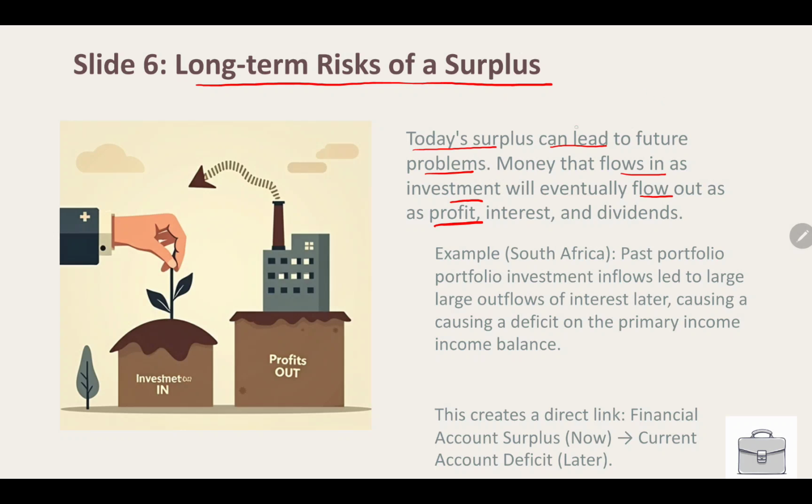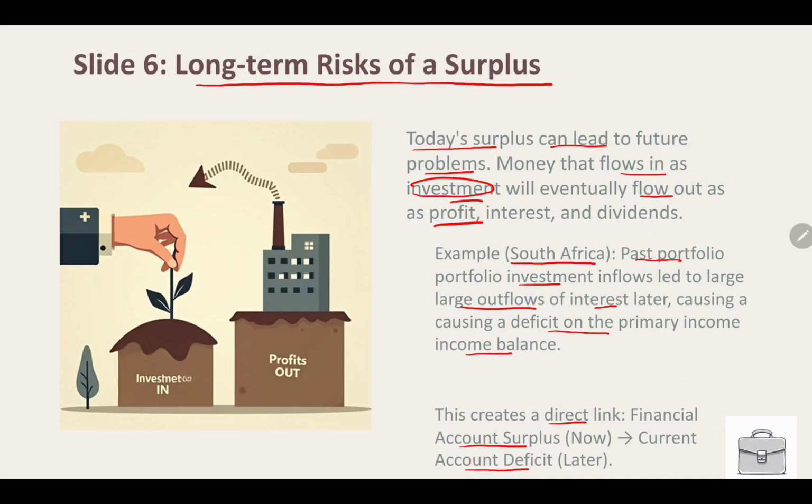If someone is investing in your business, they will definitely take out profit in the future. Example, South Africa: past portfolio investment inflows led to a large outflow of interest, later causing a deficit on the primary income balance. This creates a direct link: financial account surplus now and later current account deficit.